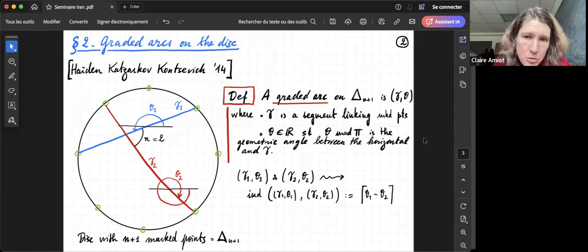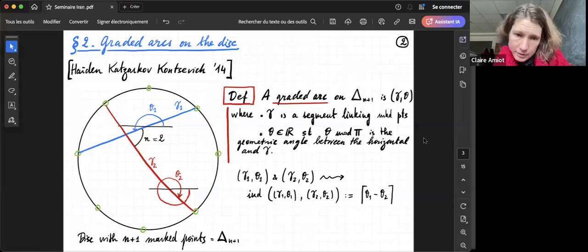You have this blue arc gamma 1 with angle theta 1, which is positive, between pi and 2 pi. And I draw gamma 2, the red one, with theta 2, which is a negative number since I go in the converse direction. So this is my definition of a graded arc.